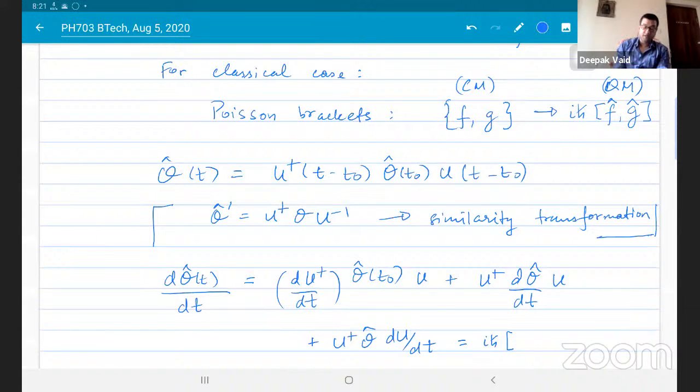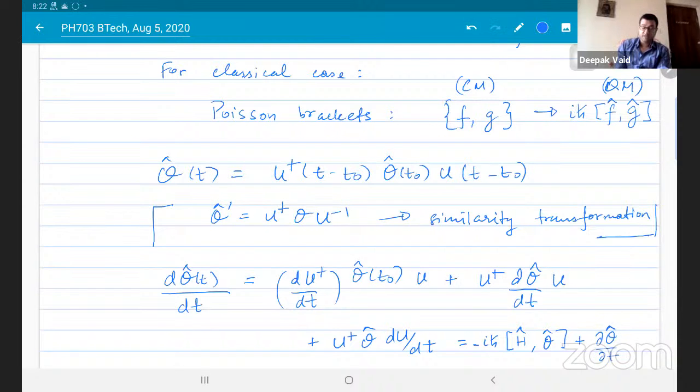So you'll get minus i over h bar, the commutator of H and O. And then this last term can be written as dO by dt.